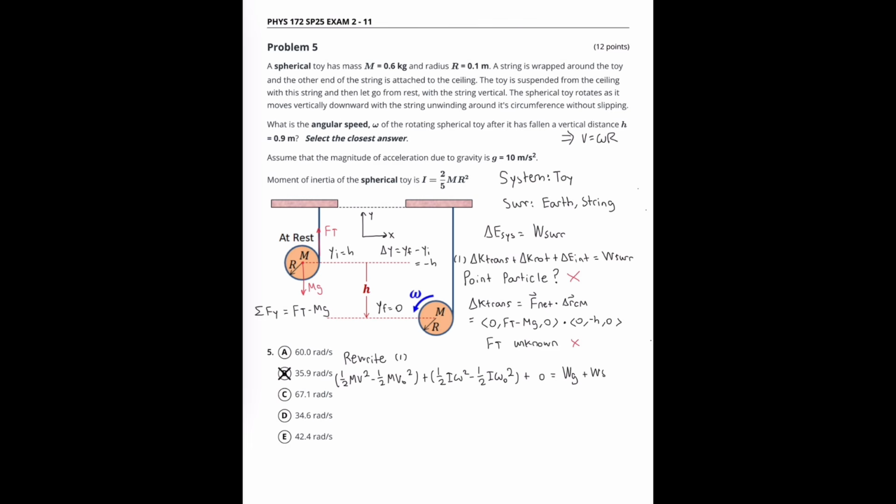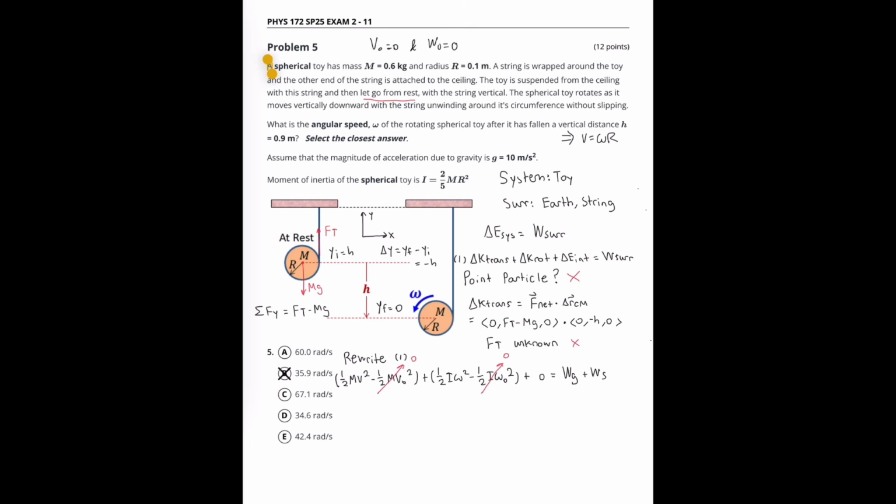And we are given in this problem that the toy is let go from rest, which means that V initial, V naught, is equal to 0, and omega naught is equal to 0 also. So we can cancel out those terms to be 0.